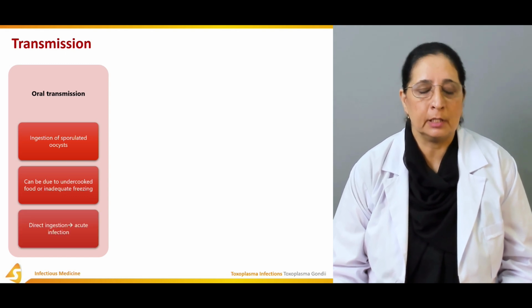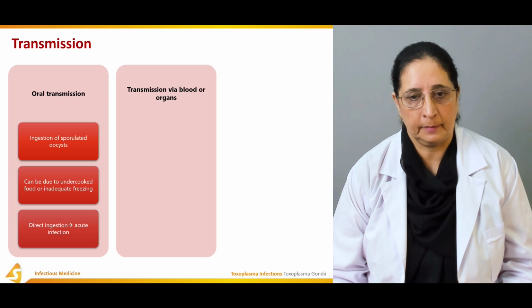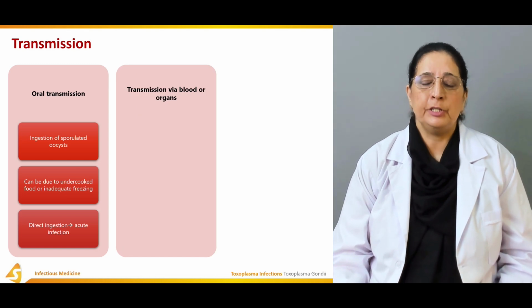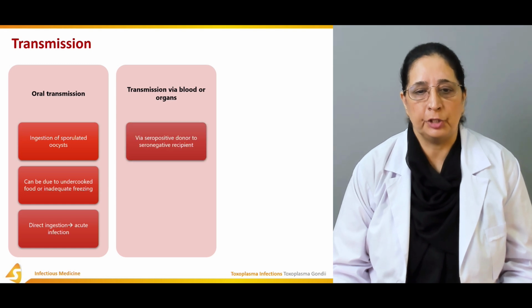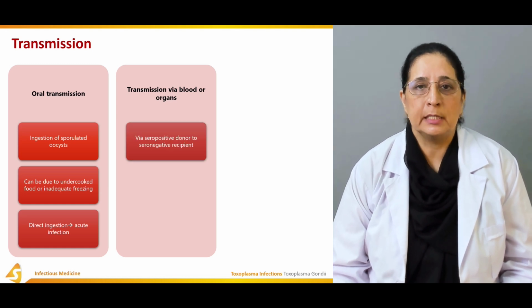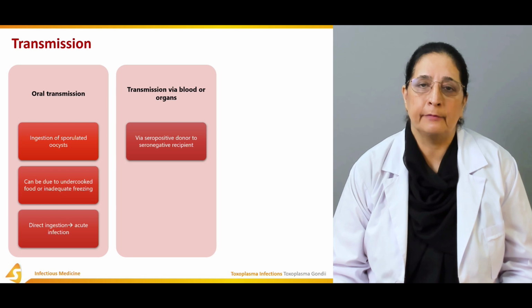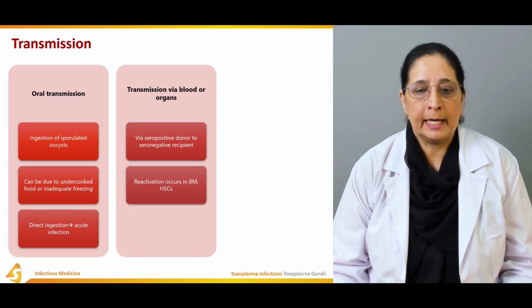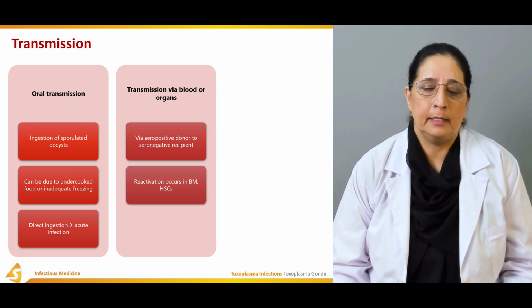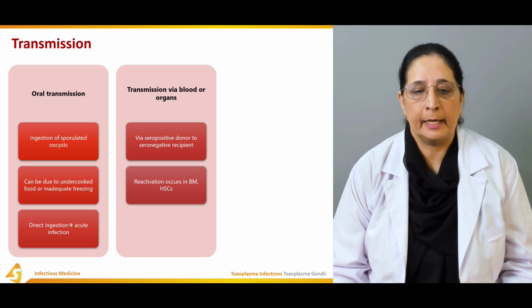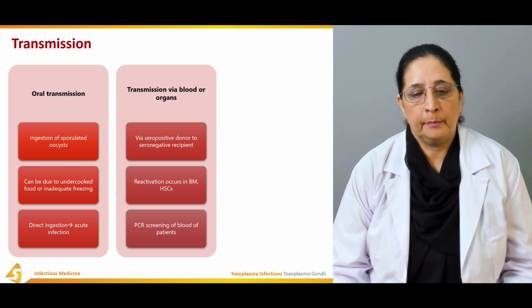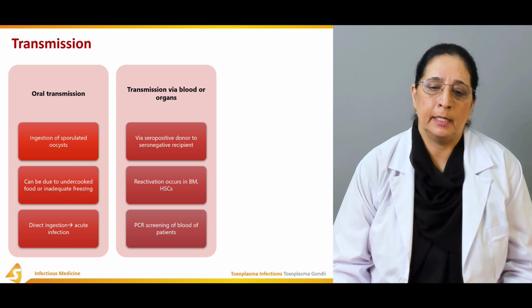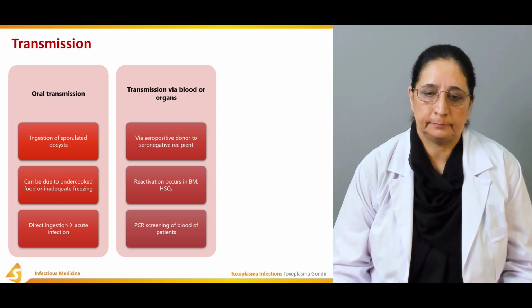Direct ingestion causes acute infection. If the transmission is through blood or organs, via blood transfusion from a seropositive donor to a negative recipient, reactivation occurs in the bone marrow and HSCT recipients. PCR, polymerase chain reaction, screening of blood is done in the patient.